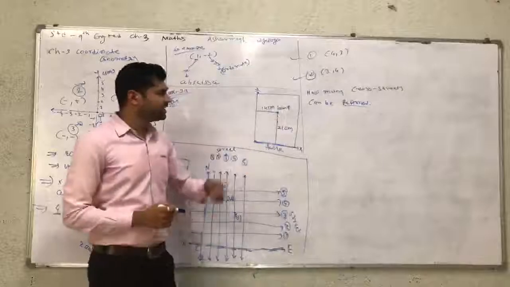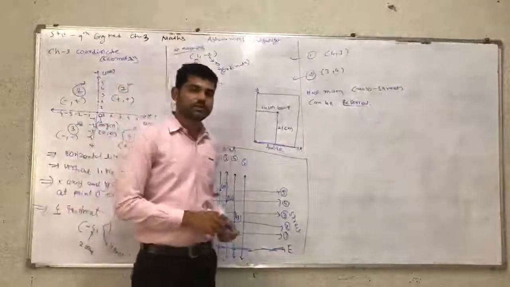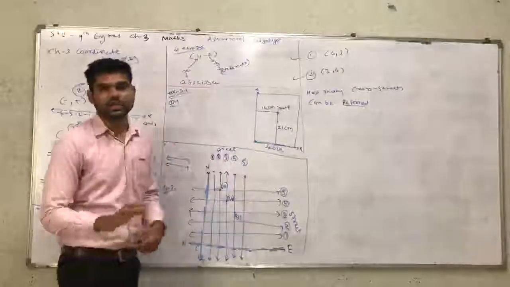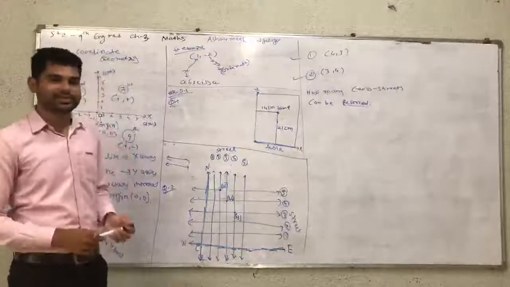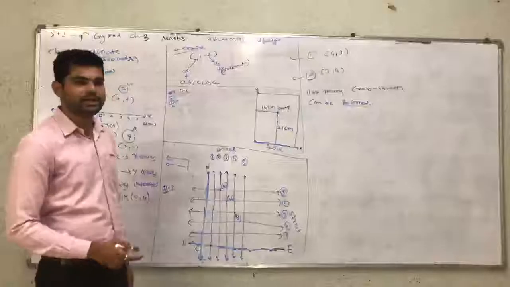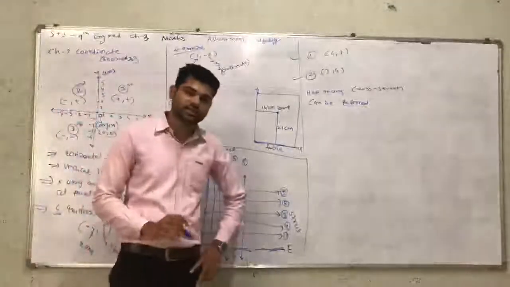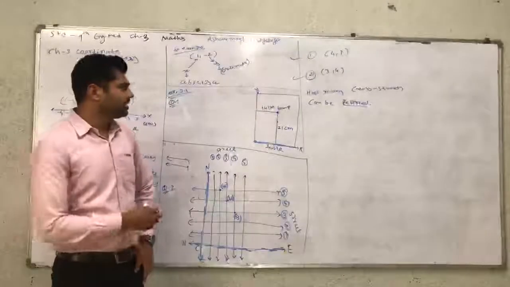First point is 4, 3, second point is 3, 4. Exercise 3.1 is only for understanding. It is not asked in the exam and is not important for the exam. It is only for understanding the basic concept of Cartesian planes and coordinates.